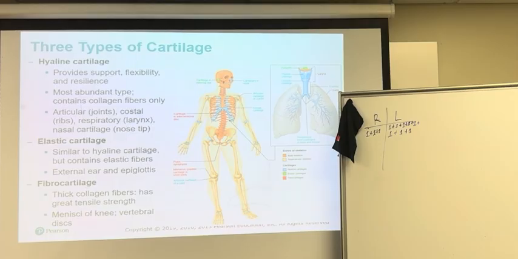You only find it in your external ear and the epiglottis. What about the fibrocartilage? These are thick collagen fibers and have great tensile strength, because collagen fiber provides what? Tensile strength. So where do you find the fibrocartilage? Menisci of the knee, vertebral disc, pubic symphysis, right?